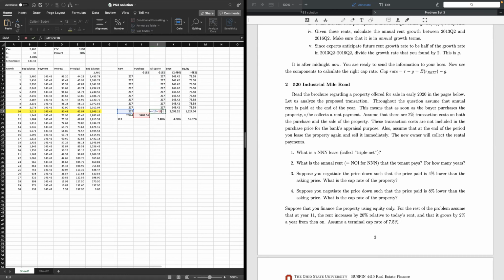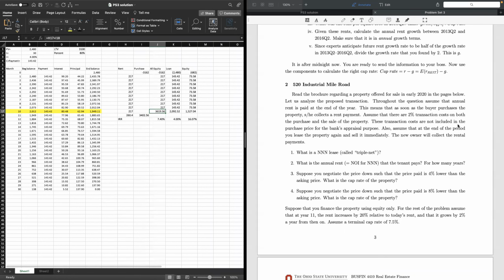And this one will increase the rent, plus this sale price, 3.402 something million, which is the sale price adjusted for the transaction cost. So this number is the new rent, after 20% growth, divided by 7.5% times 0.98. So in the last year, you get the sale price adjusted by transaction cost plus the rent at the end of this year.